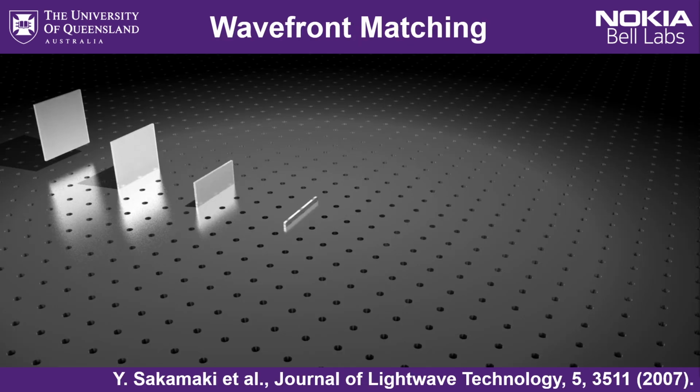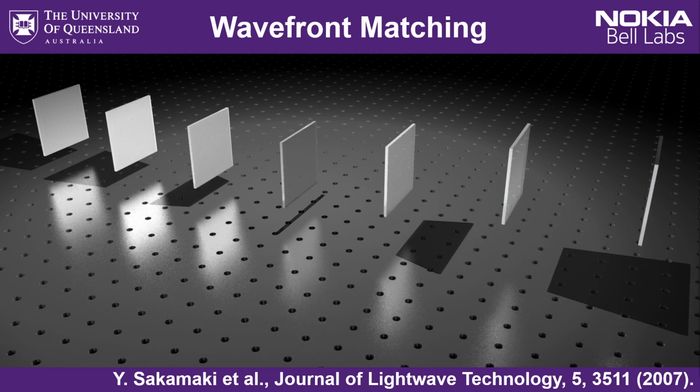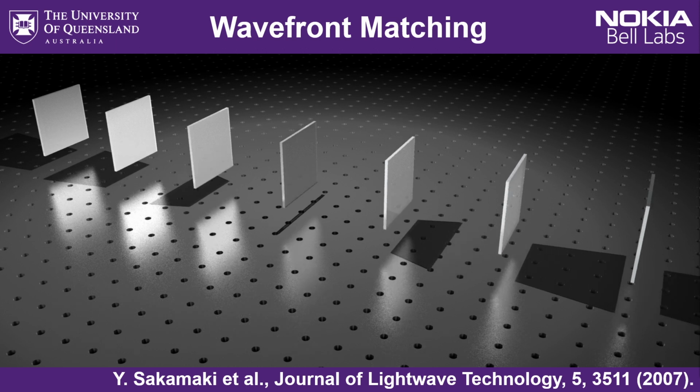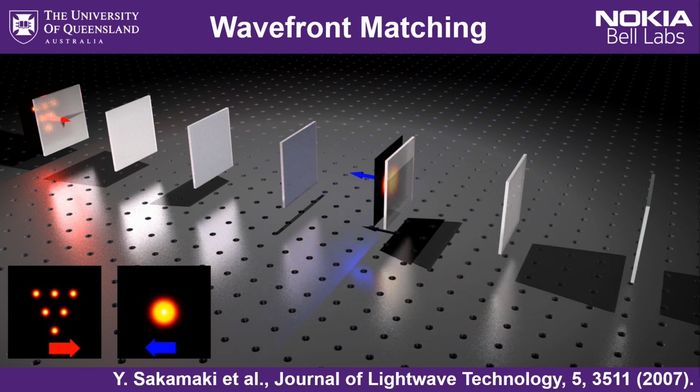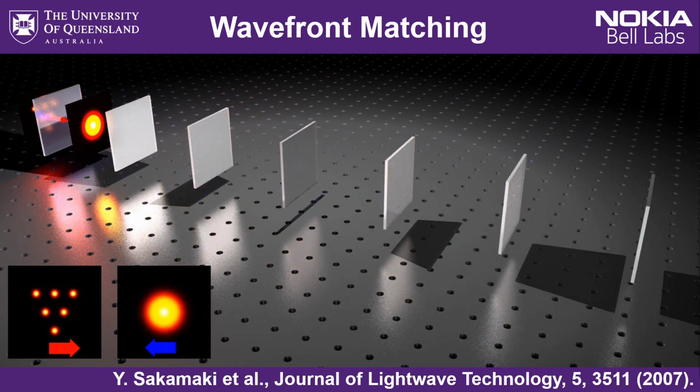To design an MPLC system, we use a wavefront matching approach, which works like this. The idea here is we've got n modes coming in from the left, and we've got n modes coming in from the right, and we want to make a lossless transformation between these two sets of modes, using the phase planes in between.